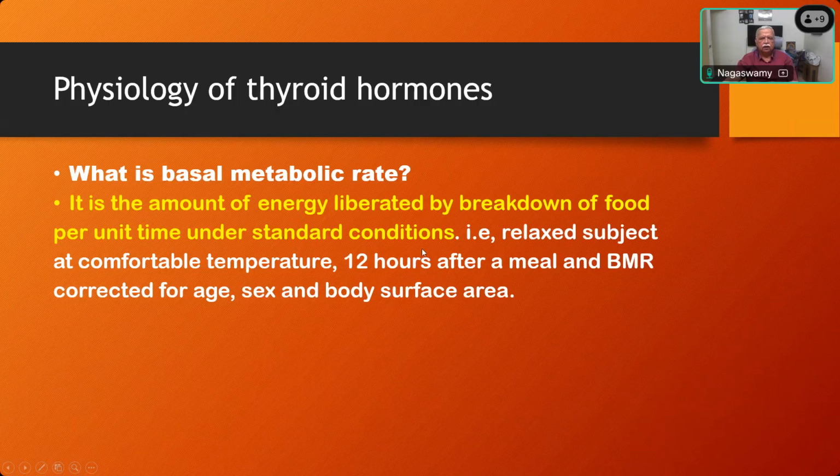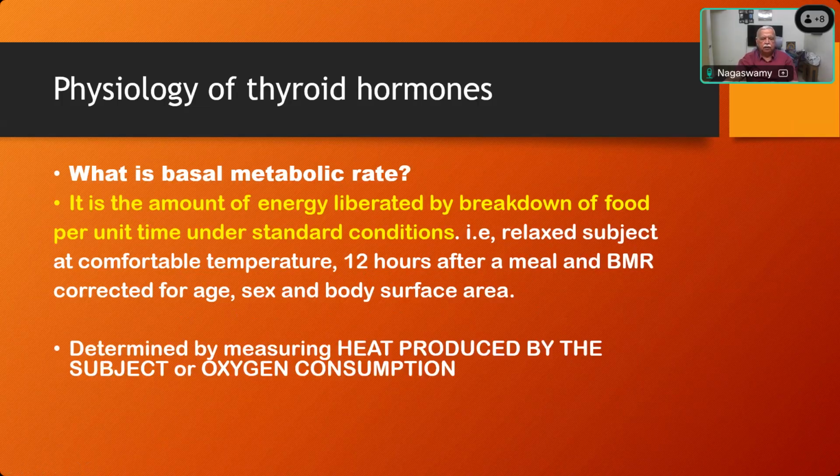And what are the standard conditions? Patient must be in a relaxed state at a comfortable temperature, and it should be tested after 12 hours of a meal. And it should be corrected for age, sex, and body surface area. These are the three prerequisites for taking the BMR calculation. Now, it is determined by heat produced by the subject or oxygen consumption that is done by that.